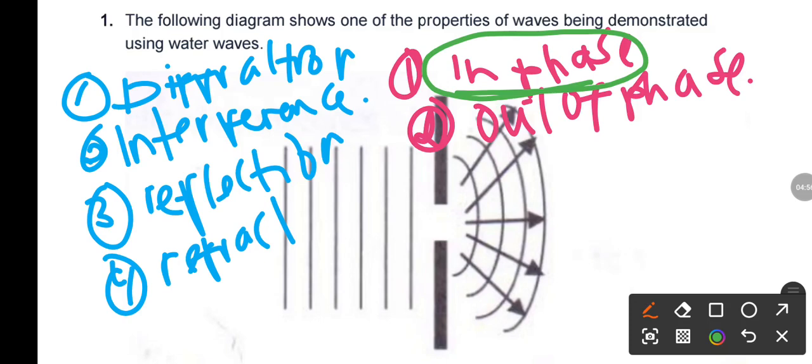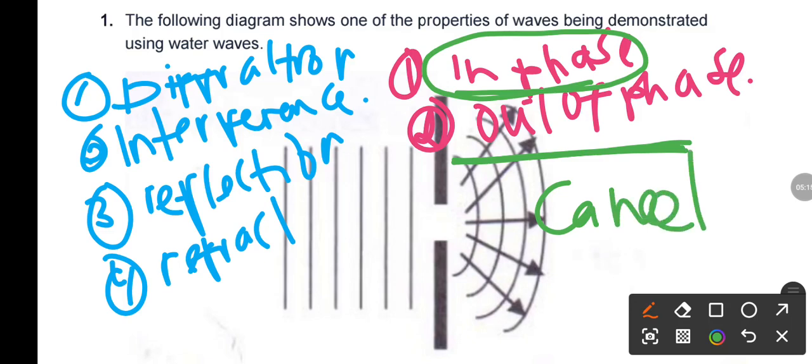Then destructive interference would occur when two waves meet out of phase. And as a result, the resultant amplitude of the wave would either completely cancel or it would partially decrease.